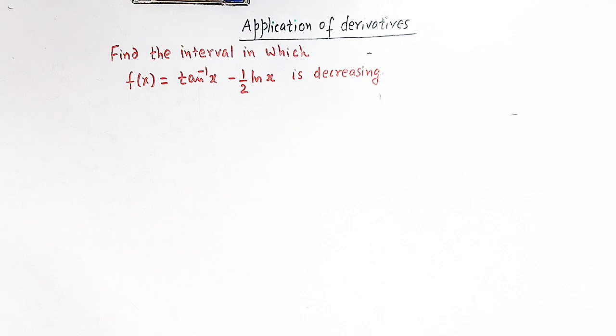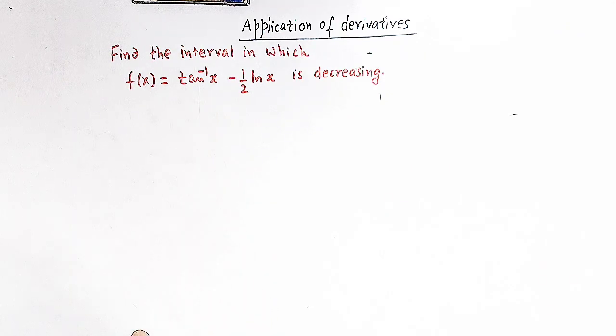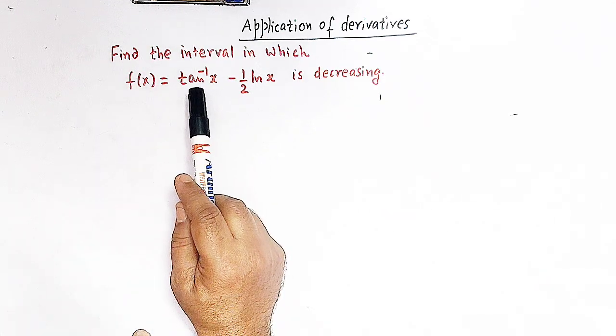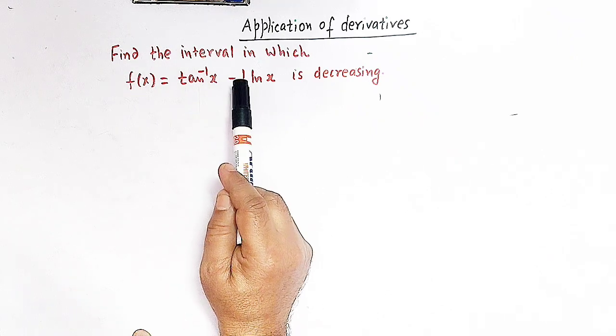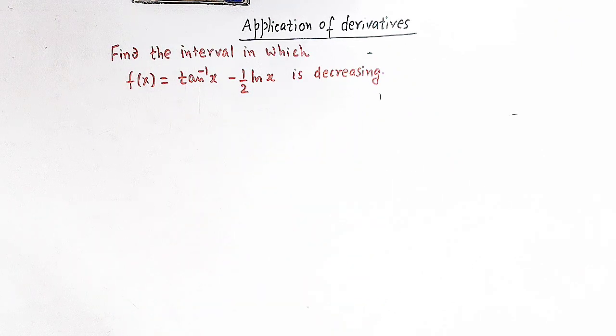Hello viewers, in today's session we are going to discuss another important problem from application of derivatives, and here we are going to take up one problem from increasing and decreasing functions. So here we have this problem where we have to find the interval in which this function f of x, which is equal to tan inverse x minus half times natural log of x, is decreasing, right?